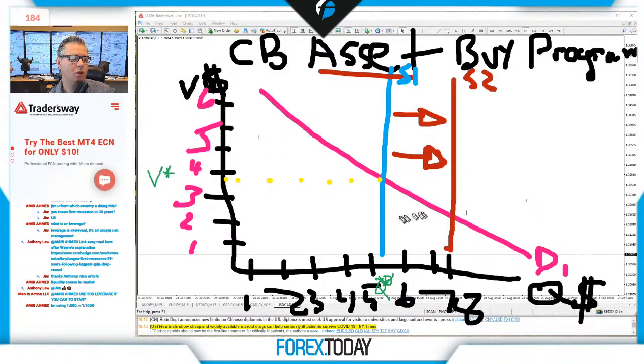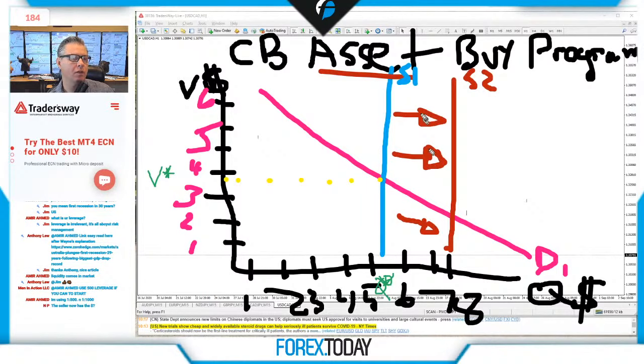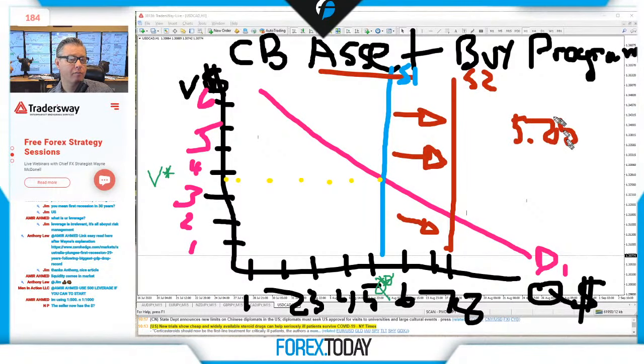So the quantity of money, or in this case the supply of money, you can call it Q star or Q1 and Q2. But anyway, we went from 5.25 quantity to 7, right? So the quantity went up, but what happened to the value?